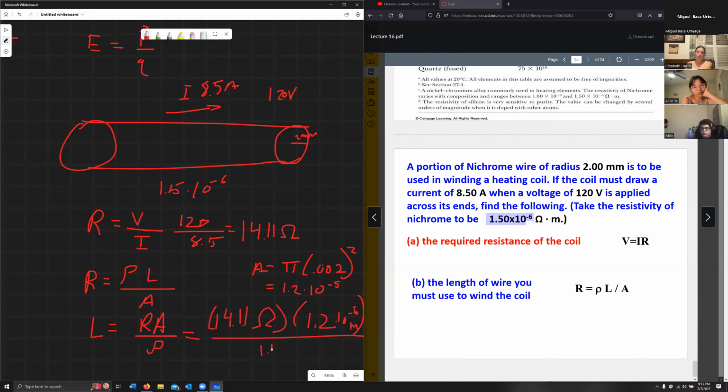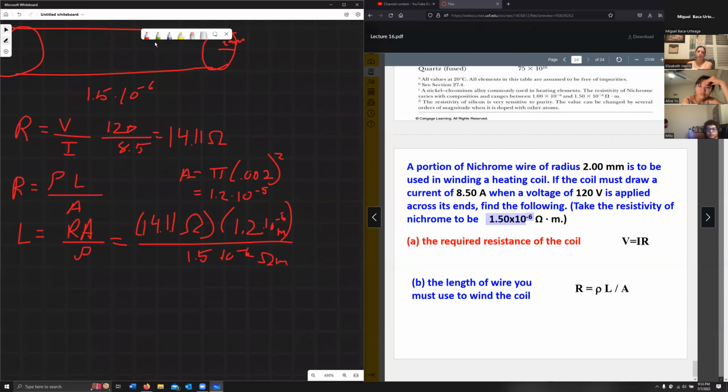And then you have the resistivity, which is in ohm meters. And funnily enough, if you're never sure if you're right, look at it symbolically. You have ohms times meters squared divided by ohm meters. Ohms cancel, meter cancels, you're left with meters. That's going to be your length, right?